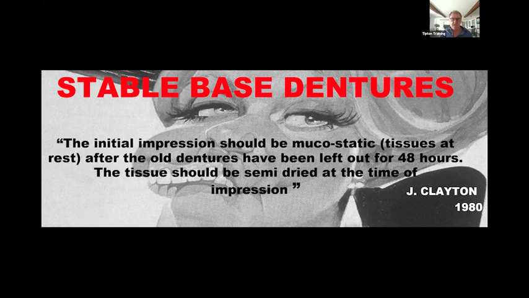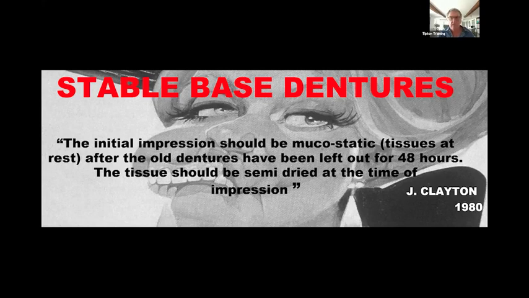We've got 2 methods of taking our impression, you'll see in a minute. One is zinc oxide eugenol, and the other is a normal material. Light body impression material will be preferential, but not good if we have lots of saliva. If we have lots of saliva, then I'll go to zinc oxide eugenol. But remember, there are various drugs which we can give our patients, if need be, to dry the mouth.